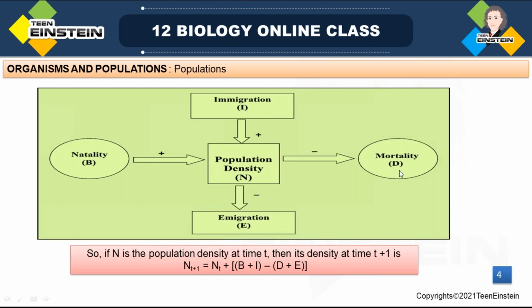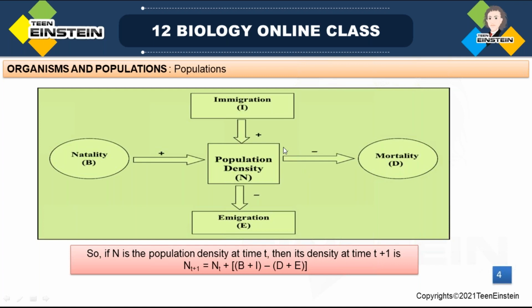Here you can see mortality. Mortality means minusing the number of individuals, that is the death. It is represented by the letter D. And emigration is E. With these both, individuals from that population are getting reduced.